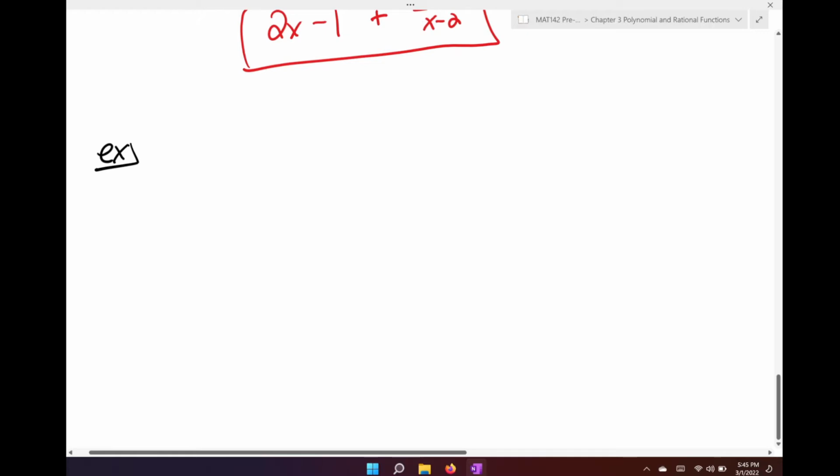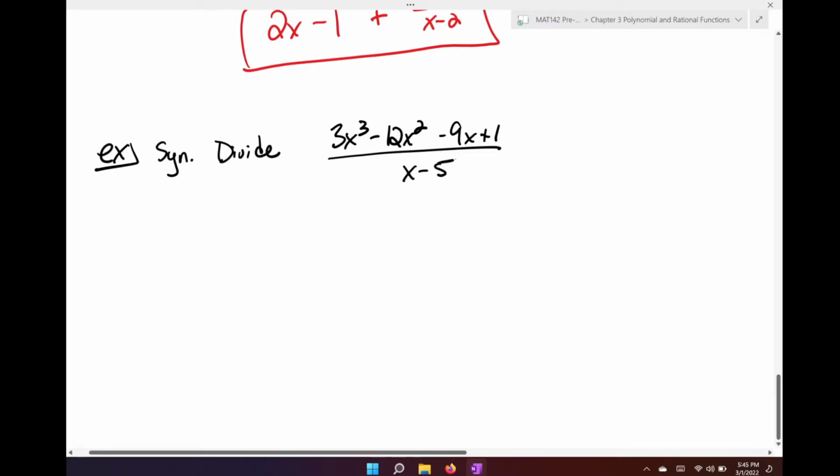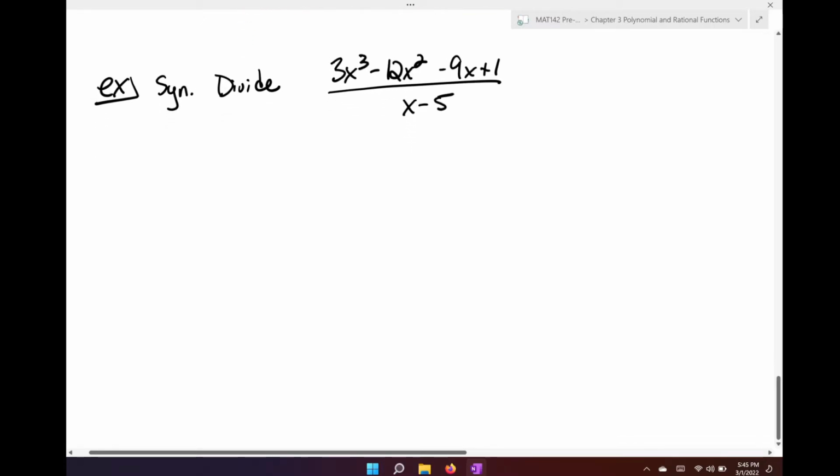So here we go. We're just going to synthetically divide 3x to the third minus 12x squared minus 9x plus 1 all over x minus 5. So first, the denominator q of x has to be in the form x minus a number.